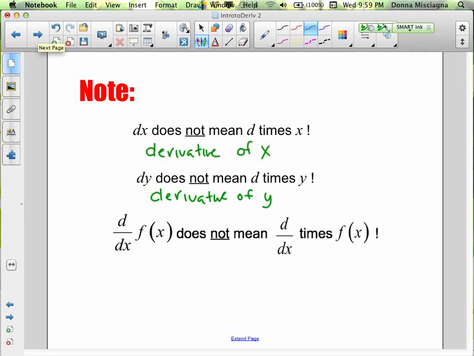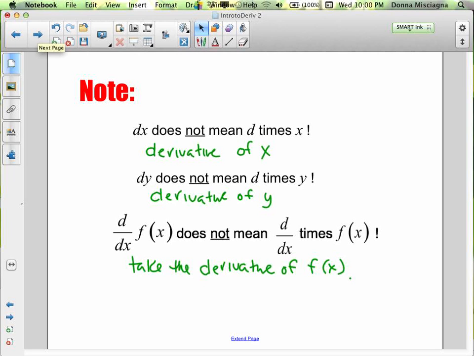And d dx f of x does not mean d dx times f of x, it means take the derivative of f of x.